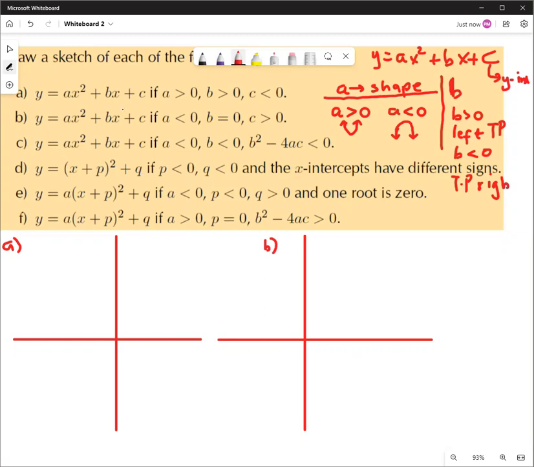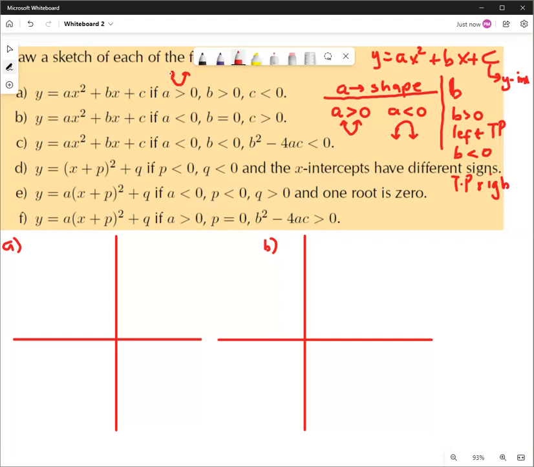So now, let's check. They say we must sketch this graph. a is greater than 0, which means positive, and remember I said if it's positive, the graph is facing up.